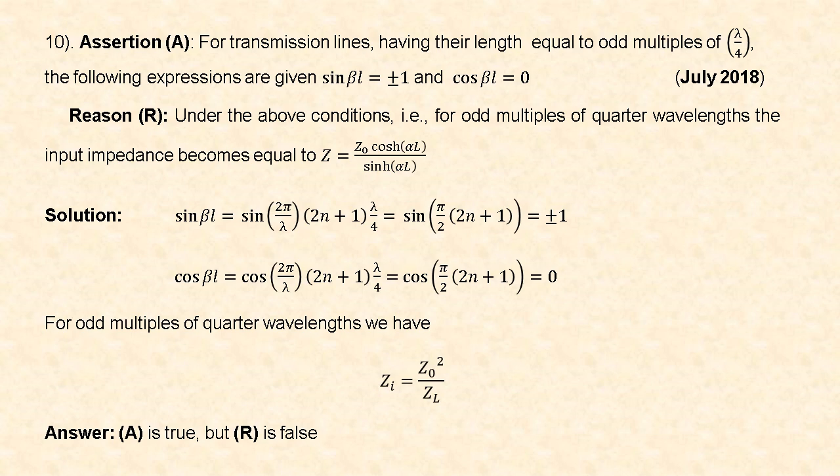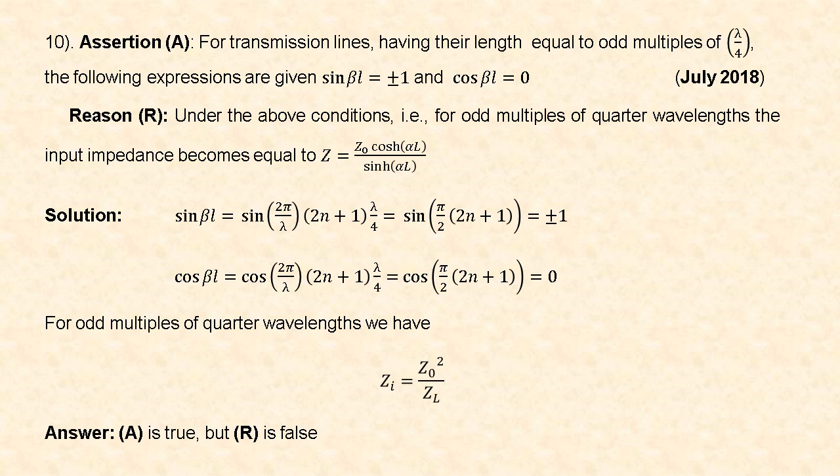We know that beta is equal to 2 pi by lambda. So sin beta L is equal to sin 2 pi by lambda into L. They have given length as odd multiples of lambda by 4. So for odd multiples, we have 2n plus 1 into lambda by 4. Simplifying, we have sin of pi by 2 into 2n plus 1, which is nothing but plus or minus 1. That is for odd multiples of pi by 2, we have sin value as plus 1 or minus 1.